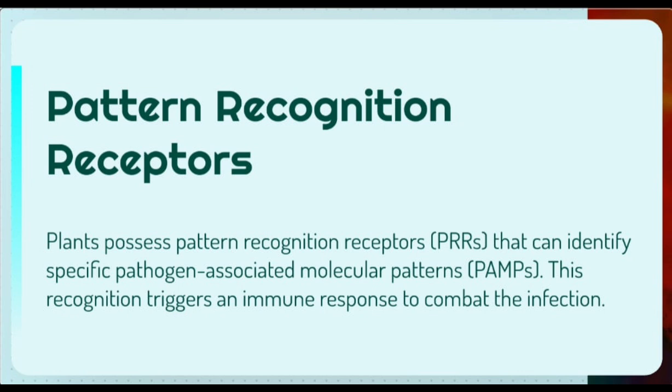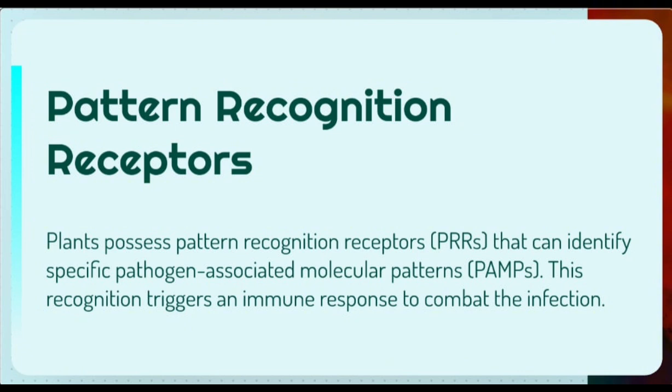Once a PRR recognizes a PAMP, it triggers a series of immune responses inside the plant cell. These can include strengthening the cell wall, producing antimicrobial chemicals, or even causing the infected cell to self-destruct to stop the pathogen's spread. In short, PRRs help plants recognize invaders quickly and respond effectively.